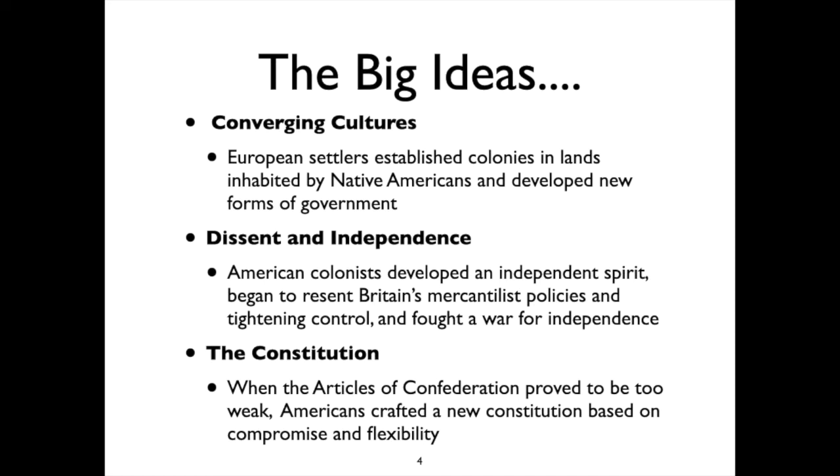American colonists developed an independent spirit, began to resent Britain's mercantilist policies and tightening control, and fought a war for independence. The Constitution. When the Articles of Confederation proved to be too weak, Americans crafted a new constitution based on compromise and flexibility.